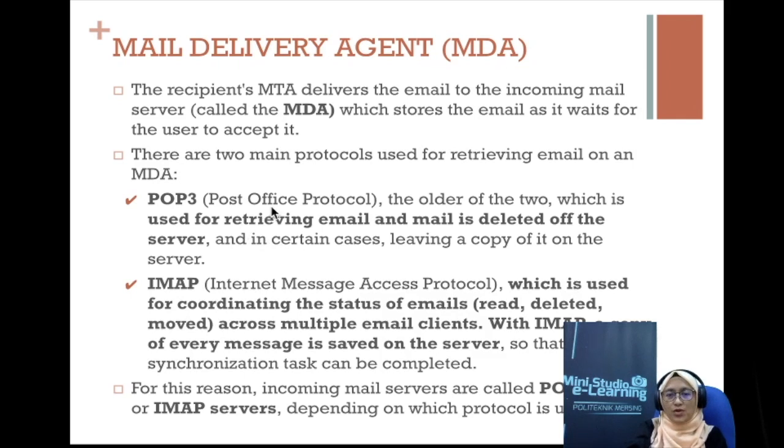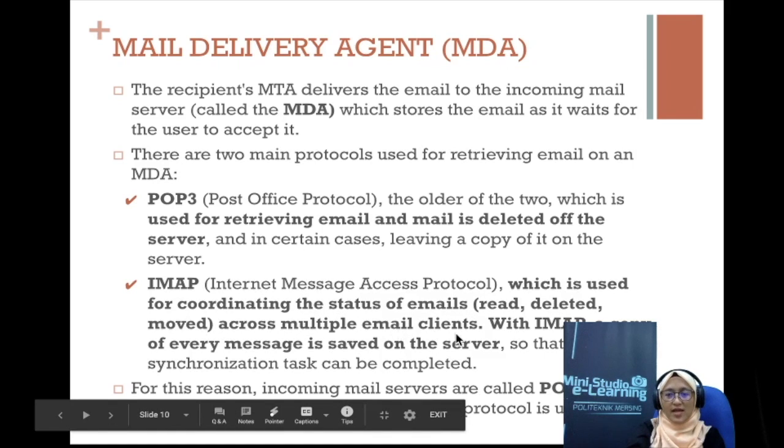POP3 is the Post Office Protocol, the older of the two, which is used to retrieve email, and the mail is deleted off the server, though in certain cases a copy is left on the server. IMAP is the Internet Message Access Protocol, which is used for coordinating the status of emails, which you may read, delete, or move across multiple email clients.